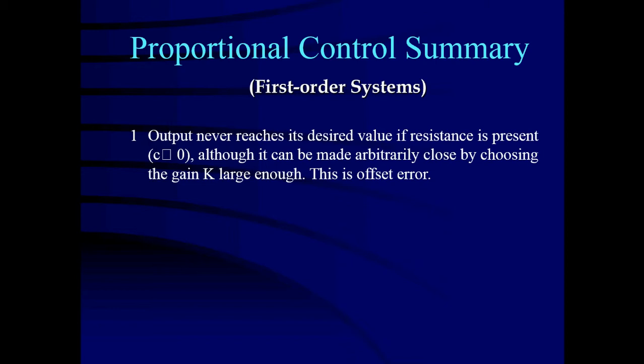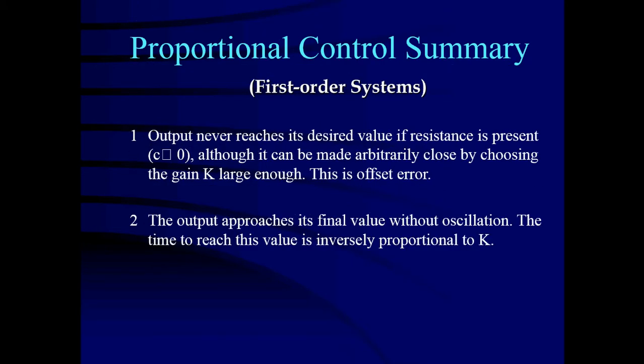So the output never reaches the value if resistance is present, although it can be made arbitrarily close by choosing the K gain large enough to offset the error. The output approaches its final value without oscillation, which is good. In other words, it's a smooth control.